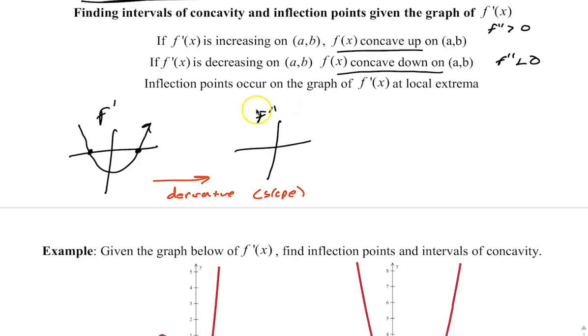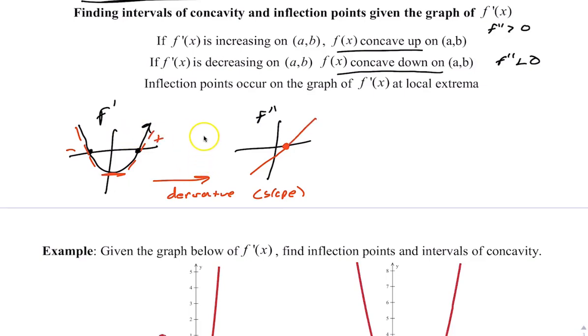So if this is my first derivative, and I'm trying to find the second derivative, first I find the zeros, the tangent points. There's my 0, where the slope is 0, and over here my slopes are negative, so I should be on the negative side. And over here my slopes are positive, so it should be on the positive side.